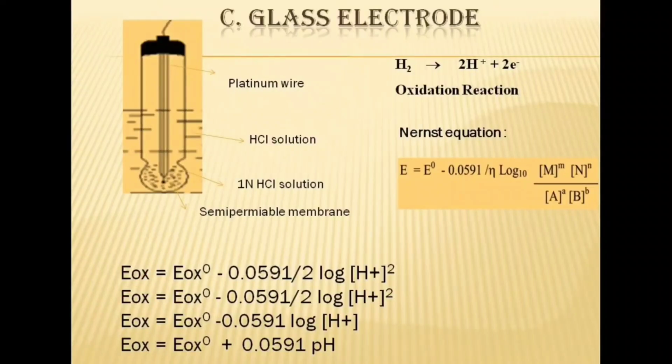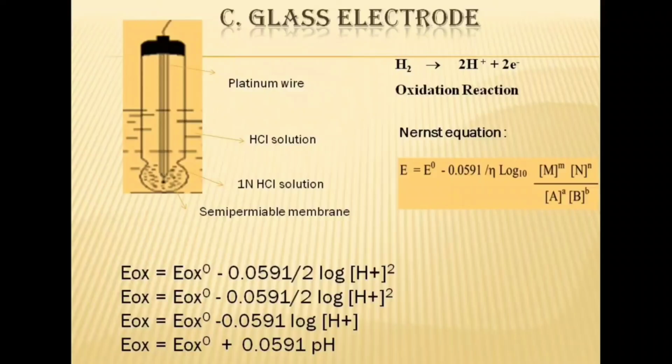Now use the property of log. So this equation becomes E oxidation is equal to E0 oxidation minus 0.0591 log of concentration of hydrogen ion, because these 2s get cancelled as we discussed in the previous slides.